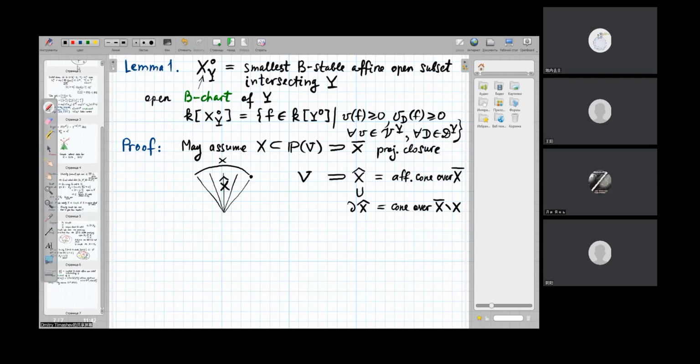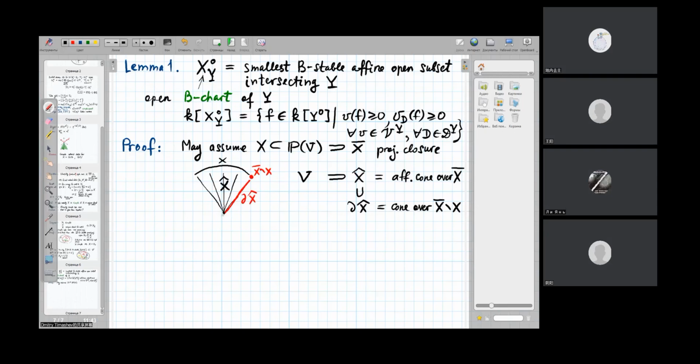And the boundary cone is this cone. This is D X hat. It is the cone over this guy, which is X bar minus X. Okay, so here is the picture.